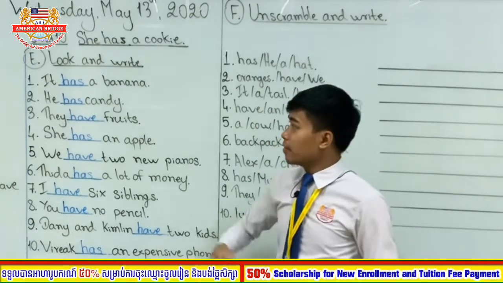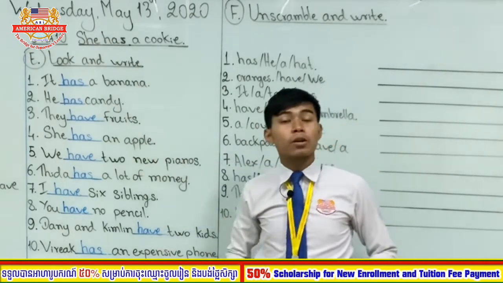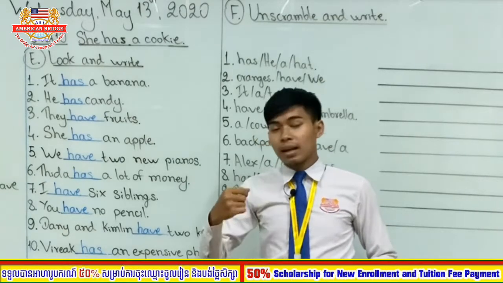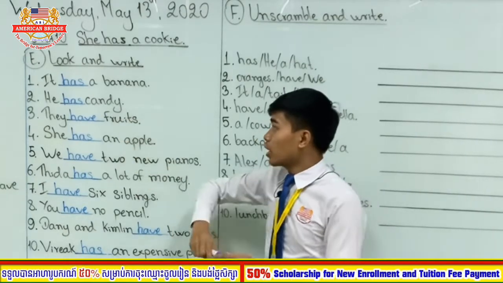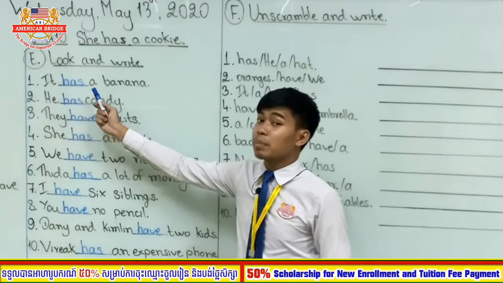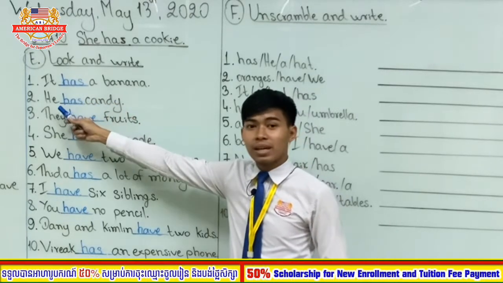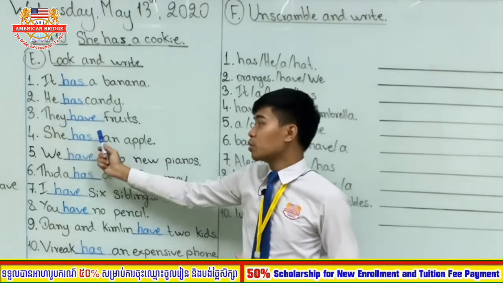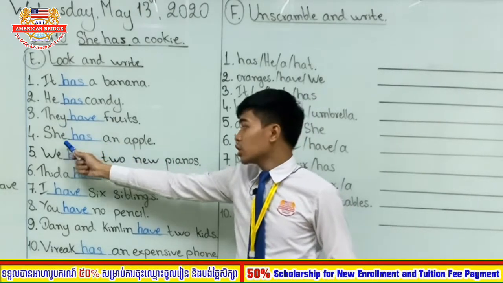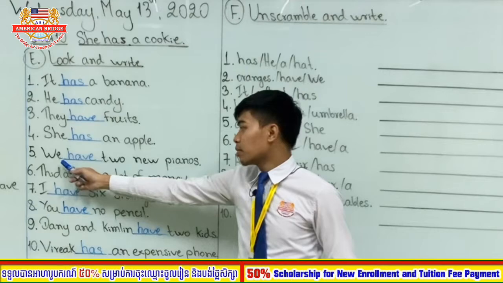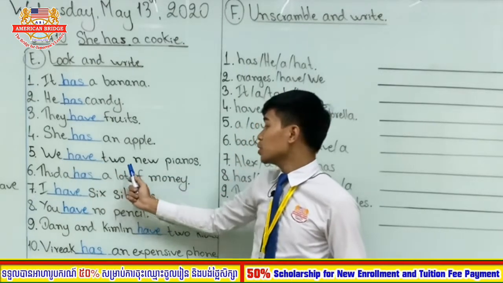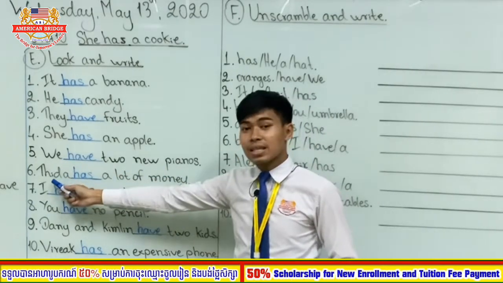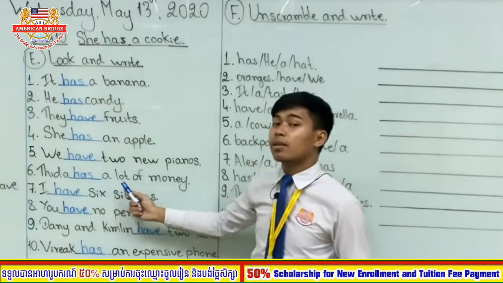Okay, so now we have finished exercise E, but before we go to exercise F, let's read again. Number 1, it has a banana. Number 2, he has candy. Number 3, they have fruits. Number 4, she has an apple. Number 5, we have 2 new pianos. Number 6, Tida has a lot of money.